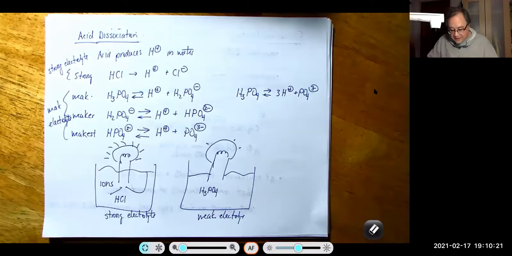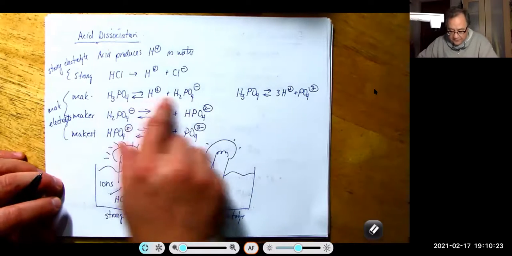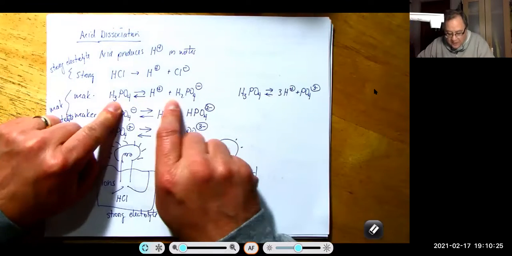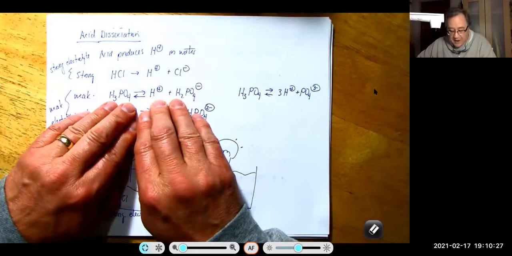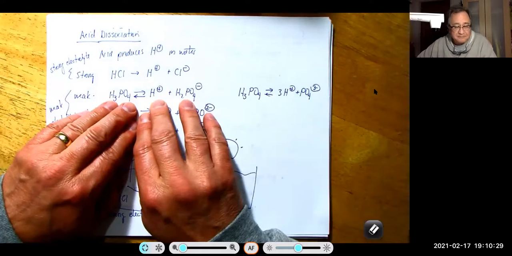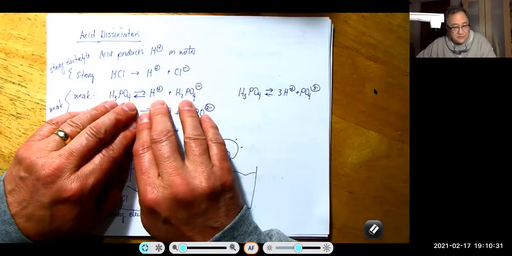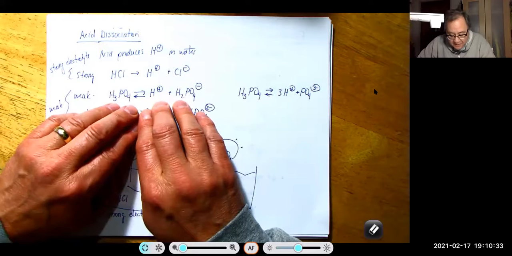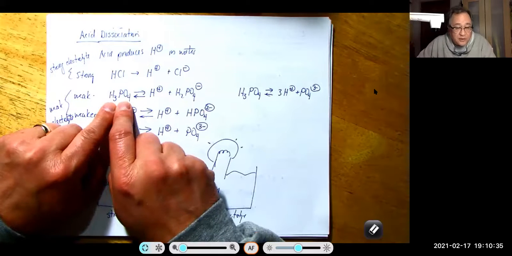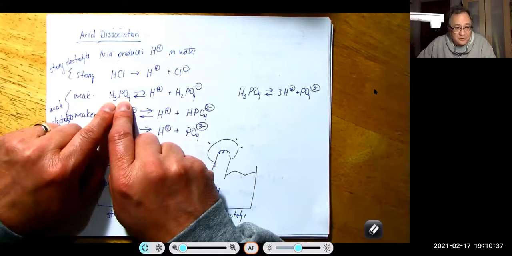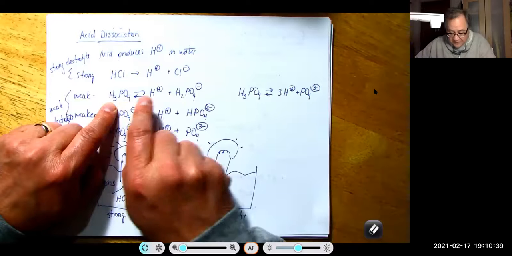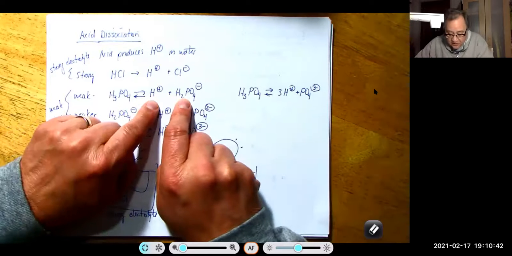And just to give you an idea of how weak these are, do you see this equilibrium right here? Do you remember my example about the millionaire and me? Well, this is worse. There might be 100,000 H3PO4s to one and one.